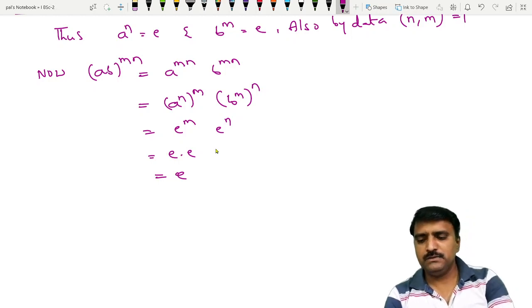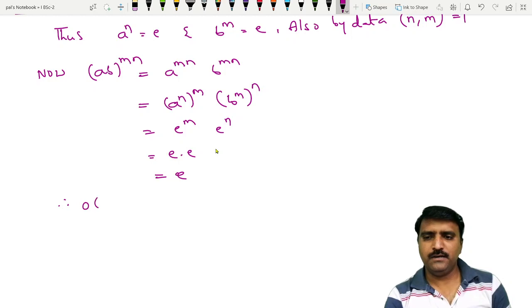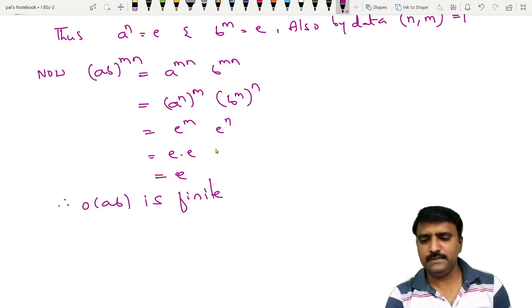Okay, so therefore the order of AB is finite, and it should be less than or equal to mn.